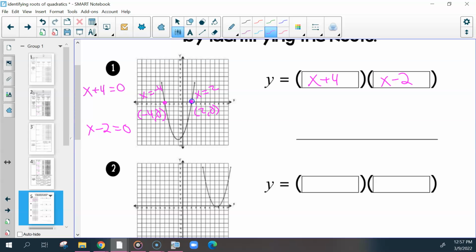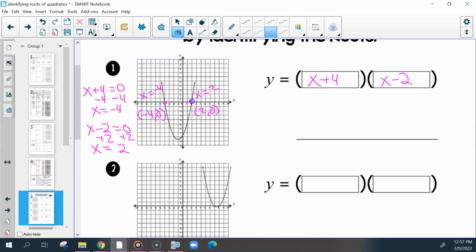So if I took both of these factors and I solved, for this one I would be subtracting, and I would get x equals -4, which is what we had on the graph. For this one I would be adding 2, and I would get 2, which is what we had on the graph.